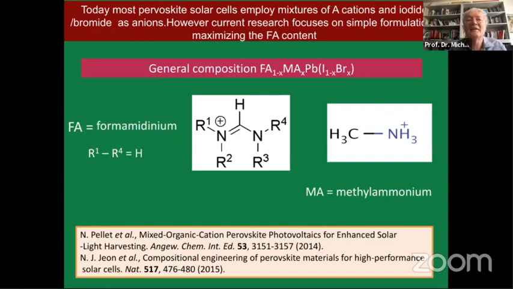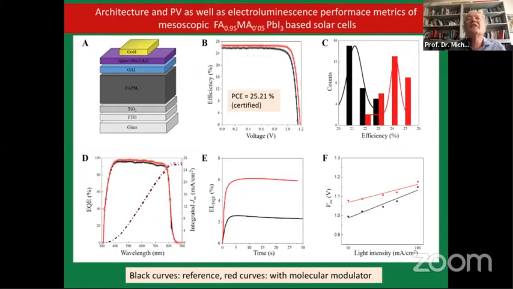And so that has led to great efforts to stabilize it. As I mentioned, we found that with methyl ammonium we can stabilize, but there are other ways to stabilize the formamidinium. So where do we stand today? We are back to using formamidinium with methyl ammonium.